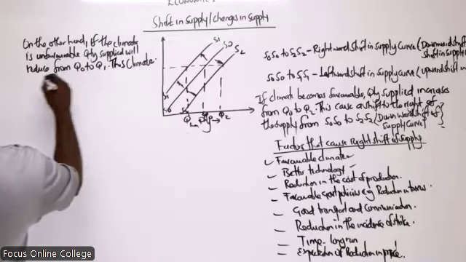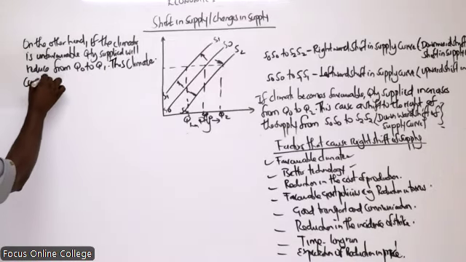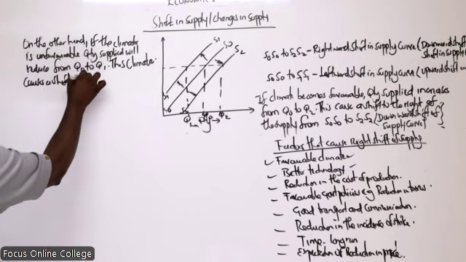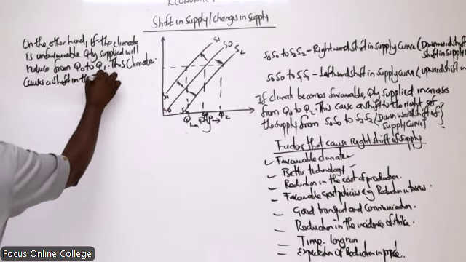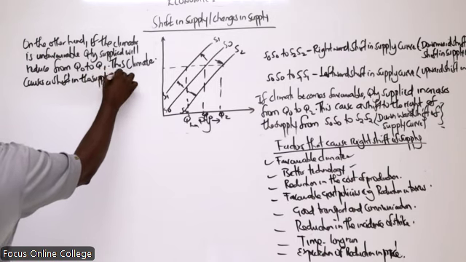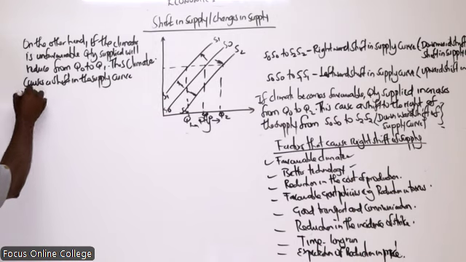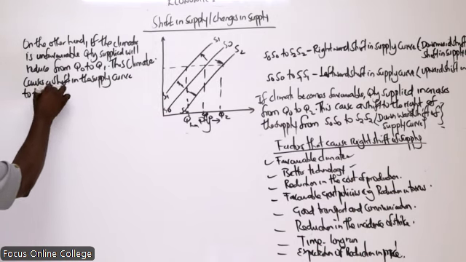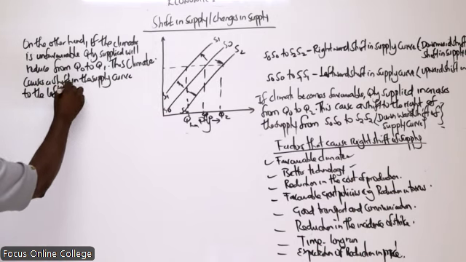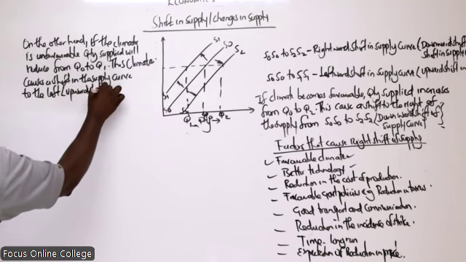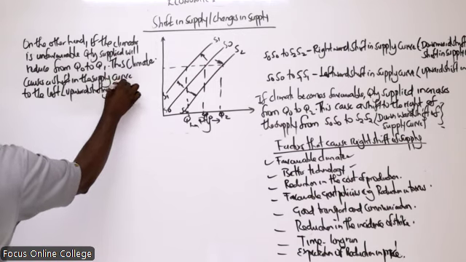This causes what we call a shift in the supply curve, to the left, and we call it the upward shifting of the supply curve.